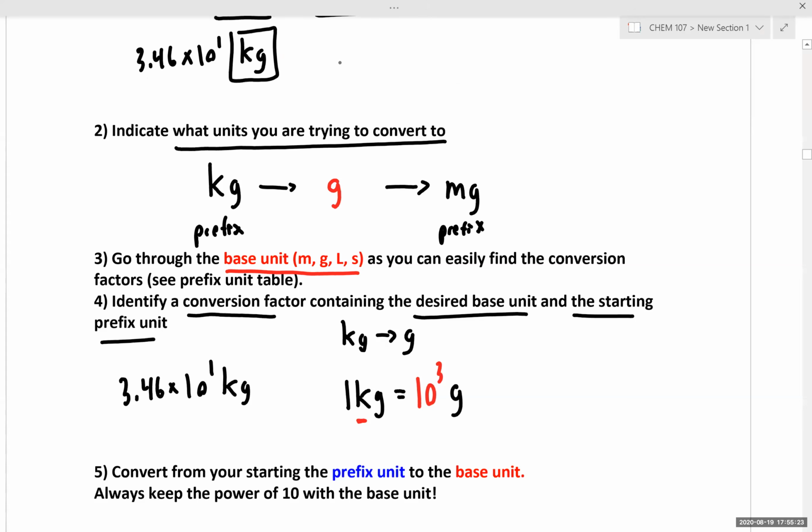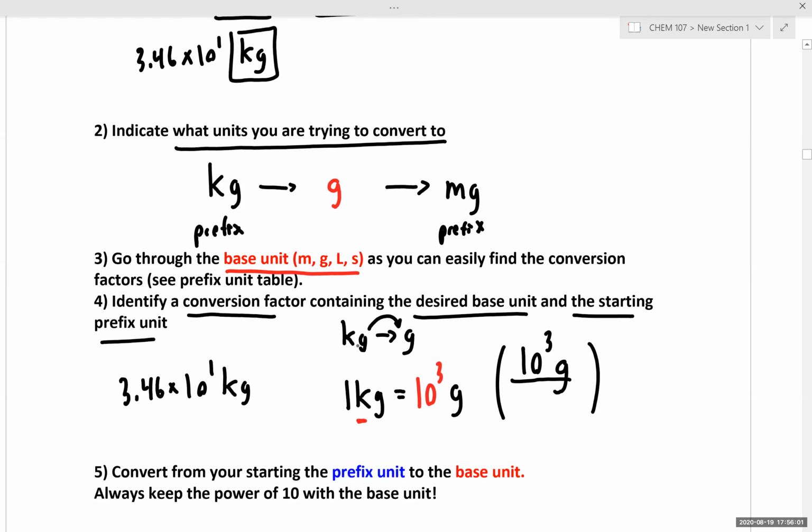When we're going from kilogram to gram, I draw this little arrow and where my arrow is pointing, I put that on top. If I'm trying to go to grams, I put grams on top, and the grams has this 10 to the third associated with it. In general, you always have your power of 10 with your base unit.